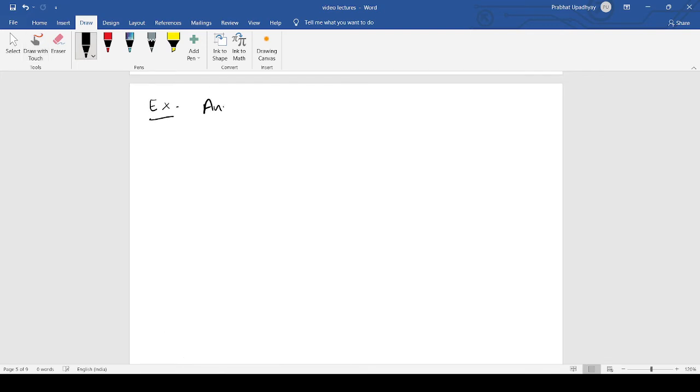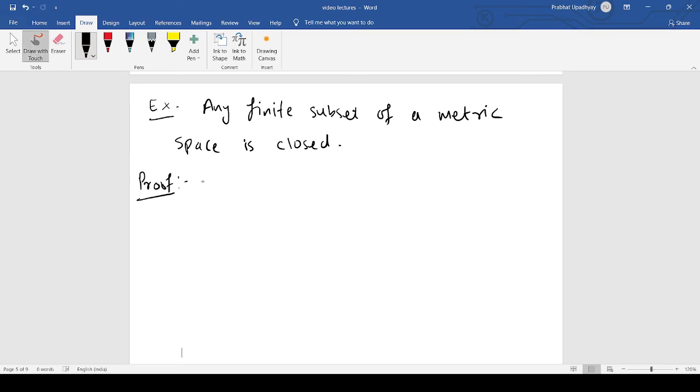It says any finite subset of a metric space is closed. Let's try to prove it. Say (X, d) is your metric space and F is a subset of X which is finite.